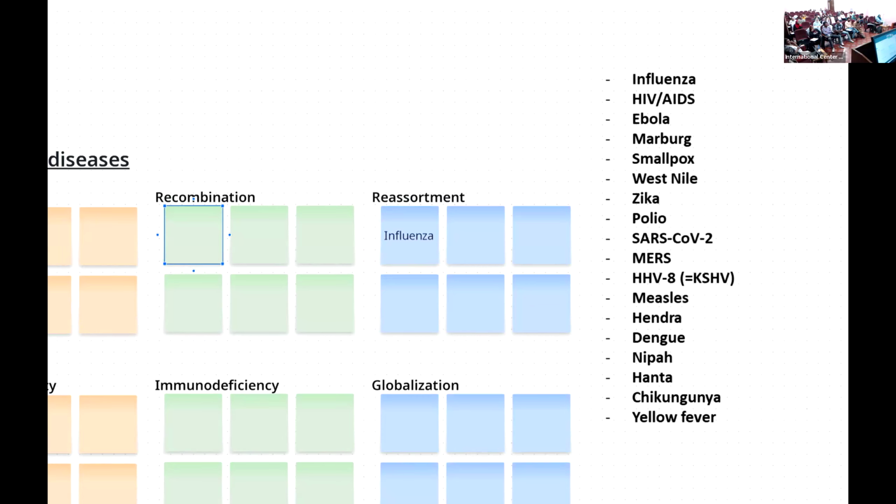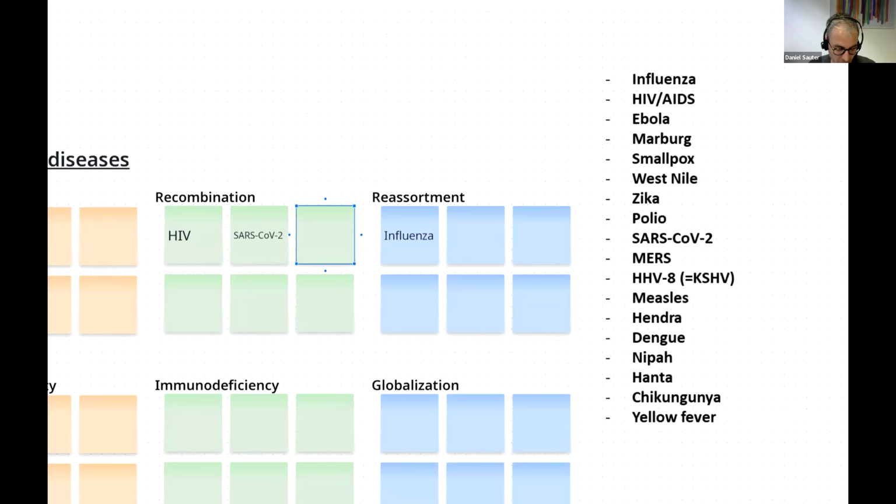First option is HIV. Yes, very good. SARS-CoV-2. Yes. SARS is most likely also the result of recombination and has also recombined during the pandemic. Influenza here as well.